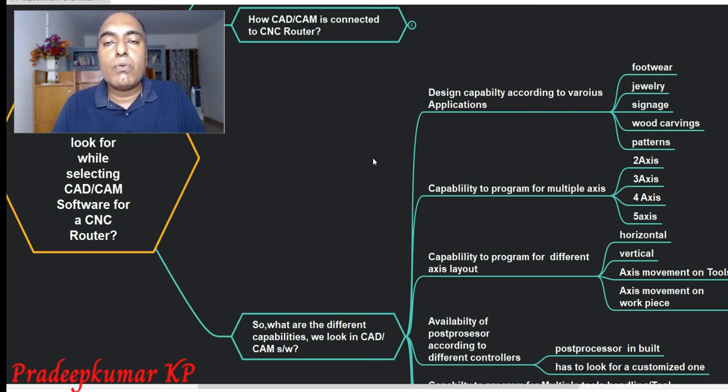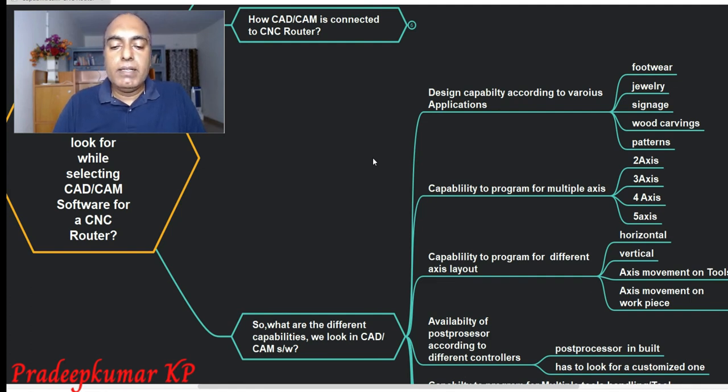Also the axis movement: if you take the fourth axis, sometimes it will be rotating the tool, and in some cases it will be rotating the workpiece. So the software should have the capability to program for that kind of layout also.